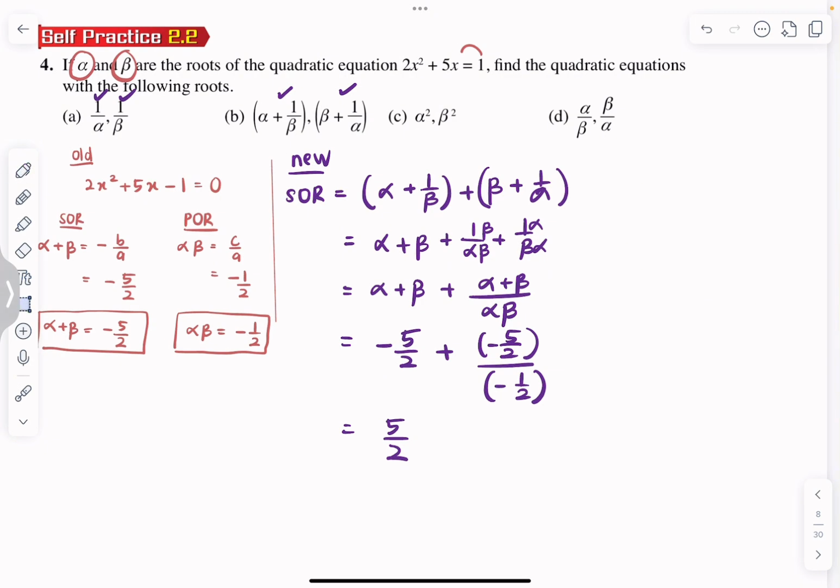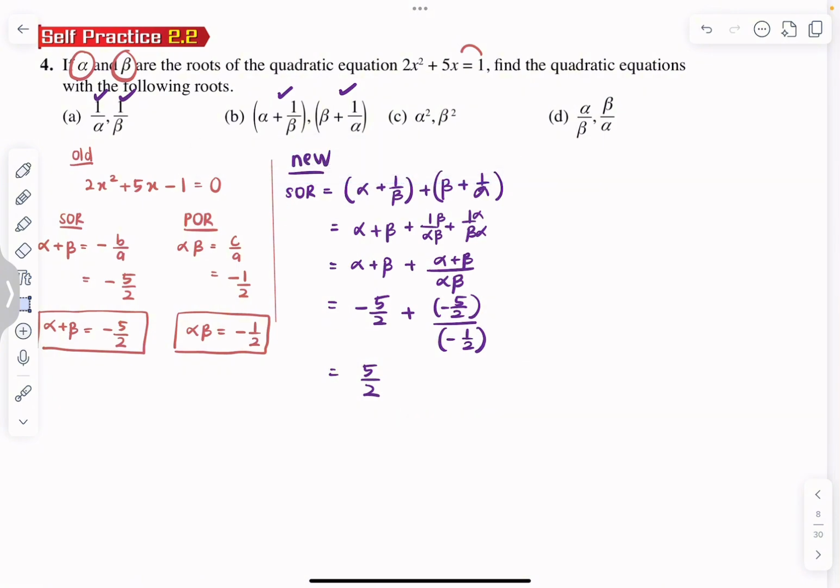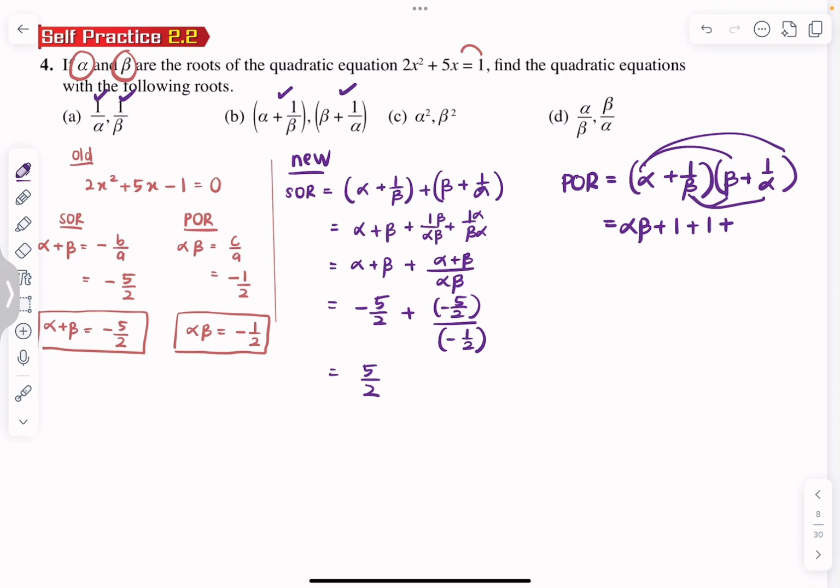Okay. Let's try to minimize this a bit. Then we do our product of roots. This will be alpha plus 1 over beta times beta plus 1 over alpha. Expanding this, we will get alpha beta plus 1 plus 1 plus 1 over alpha beta.